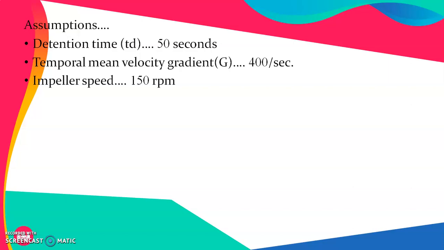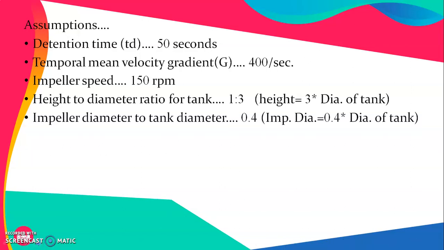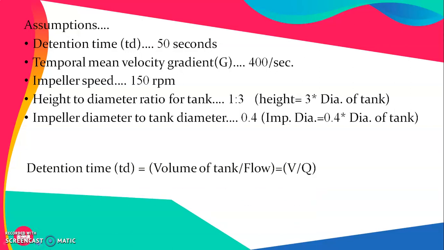Impeller speed is assumed as 150 rpm. The height to diameter ratio for the tank we will assume as 1:3. It means that height is 3 times the diameter of the tank. Then the impeller diameter to tank diameter ratio we will assume as 0.4. So the impeller diameter will be 0.4 multiplied by the diameter of the tank.